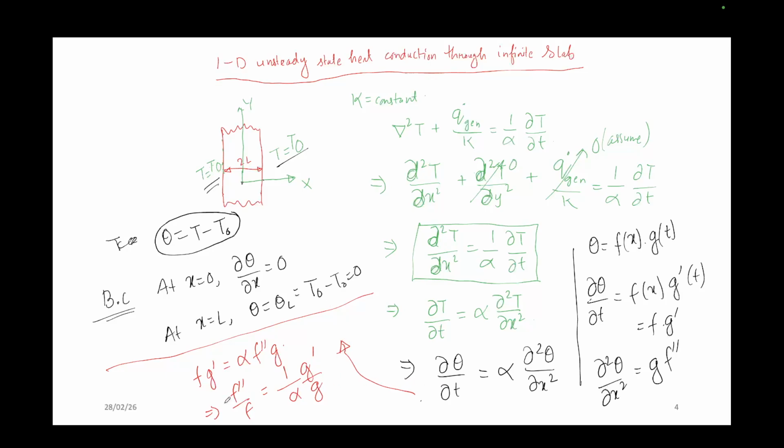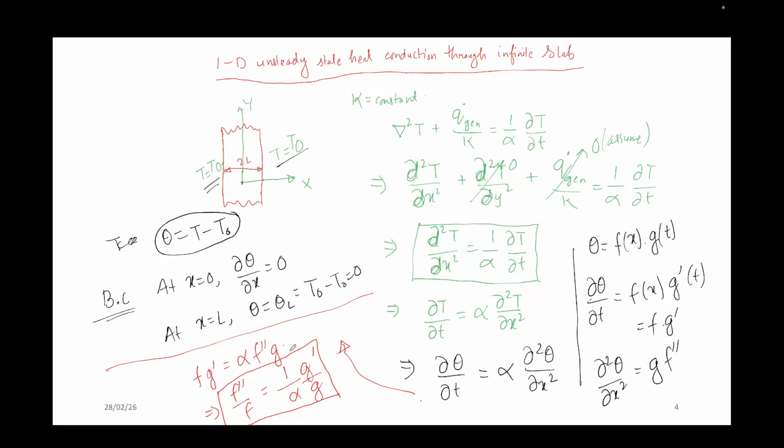So see, in this way, where the theta initially was a function of x and t, now I just split it into two separate functions, f and g, for simplicity.